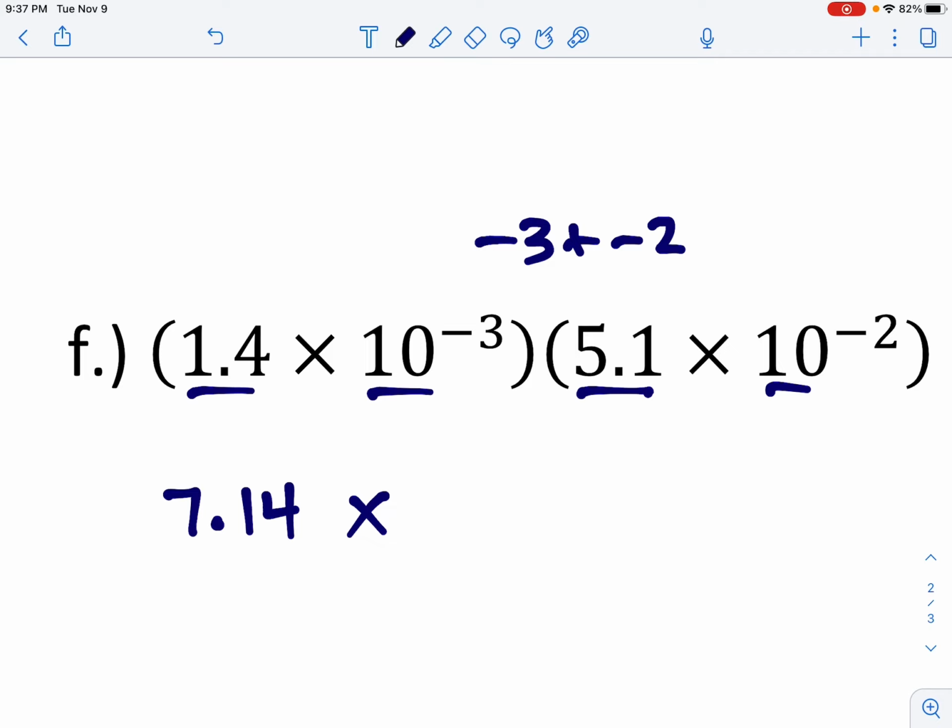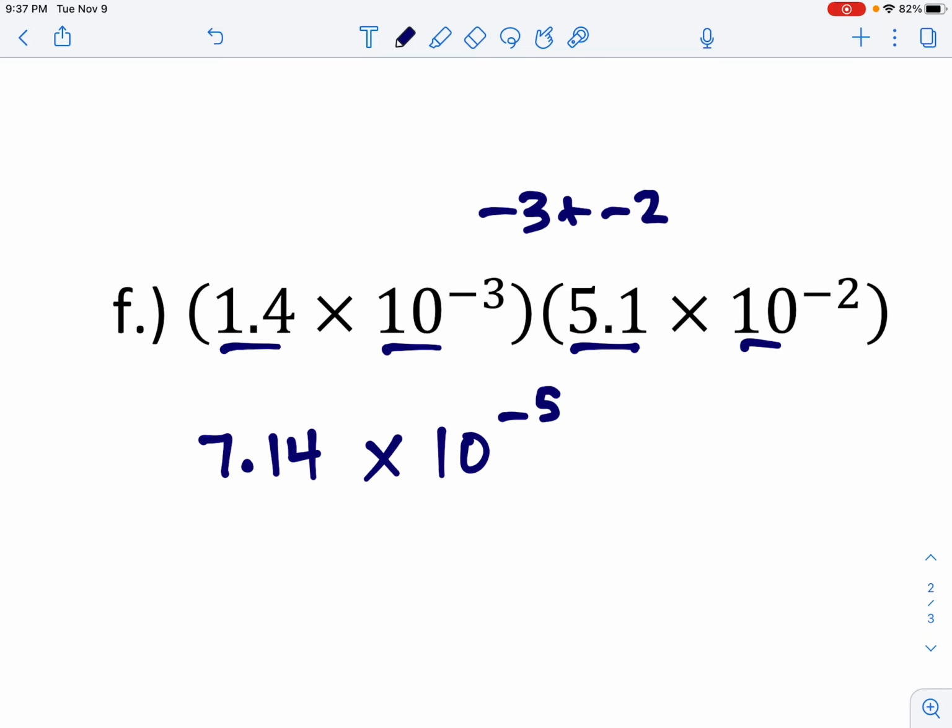So negative 3 plus negative 2 is negative, oops, I forgot to put my 10, times 10 to the negative 5th power. Okay, and then this is already in scientific notation, so 7.14 times 10 to the negative 5th.